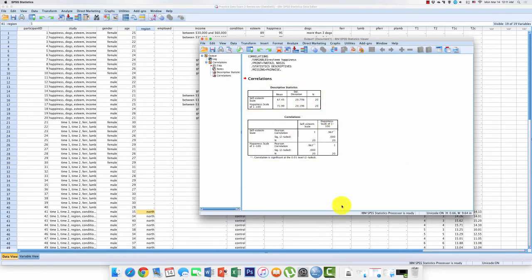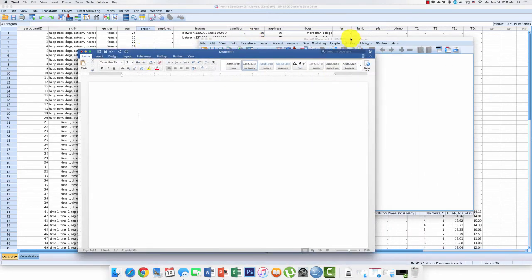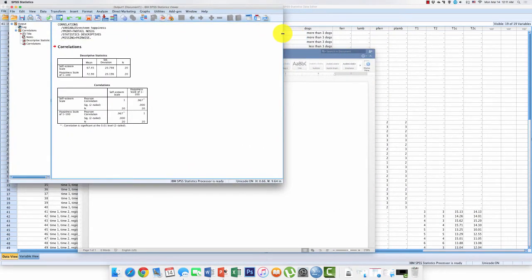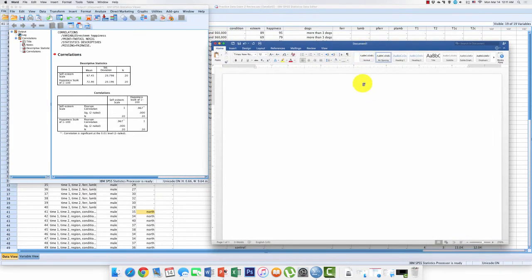I am now going to go to Microsoft Word and show you an example of how to do the write-up. Okay, so we have: there was a significant correlation between self-esteem ratings and happiness ratings.